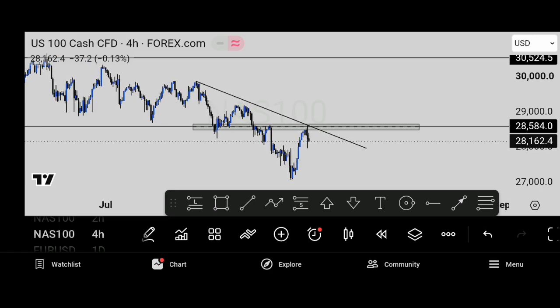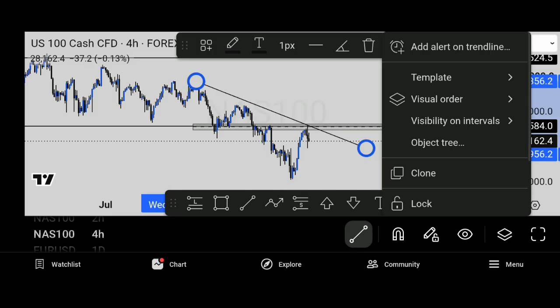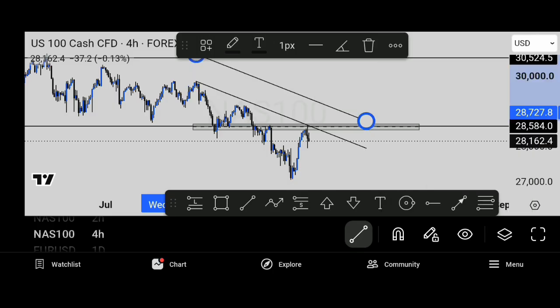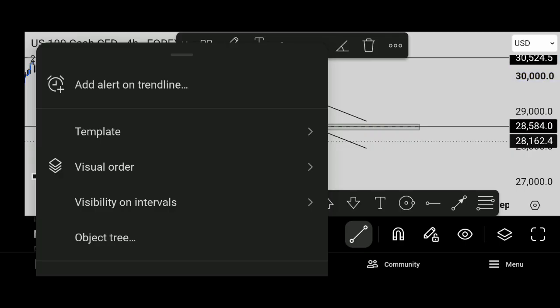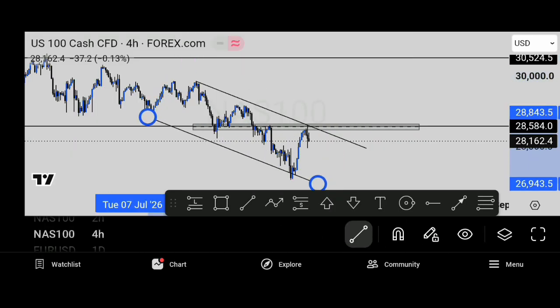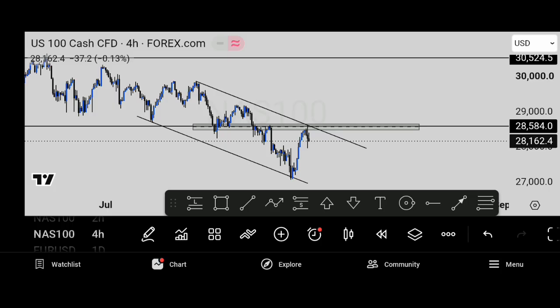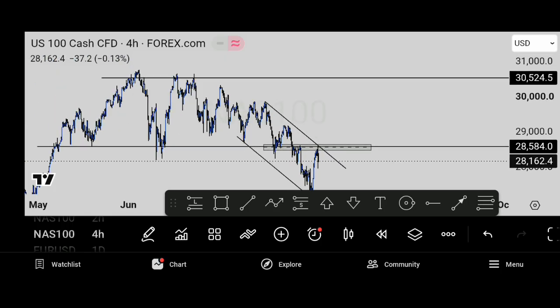And let's see when I clone it, because I just want to focus on the current market price, guys. I don't want to start my trend line from a very far area, from the past price. I just want to focus on the current price, which is there.